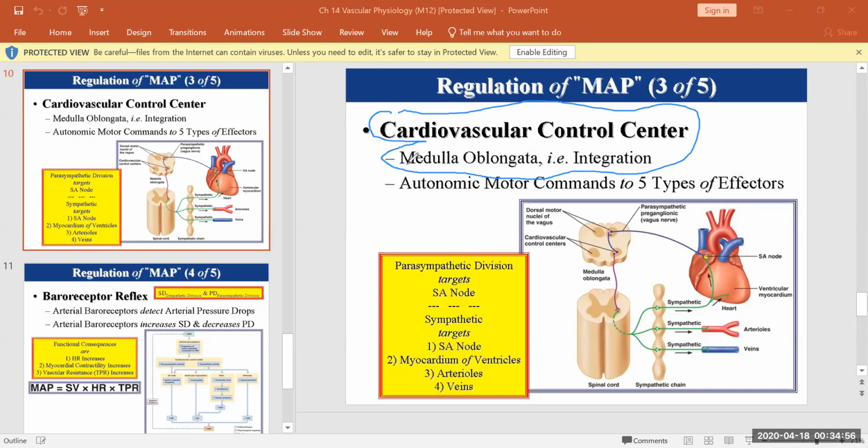And once it receives the information, it will send out a motor command. In this case, it's visceral motor commands, right? Visceral autonomic motor commands, meaning these motor activities you are not consciously aware of, because they did not come from your cerebral cortex.